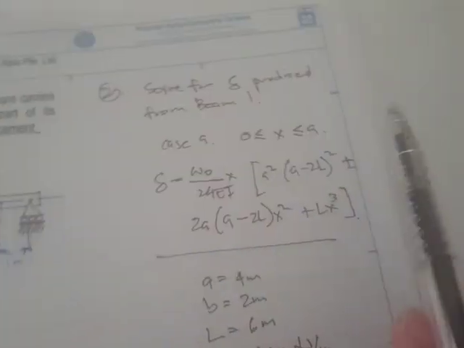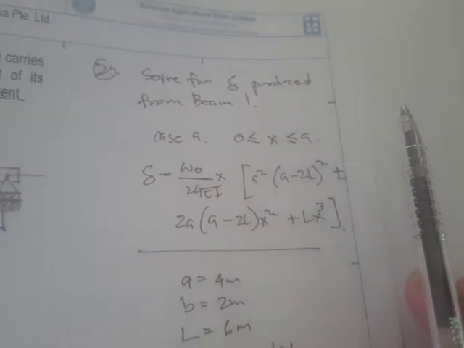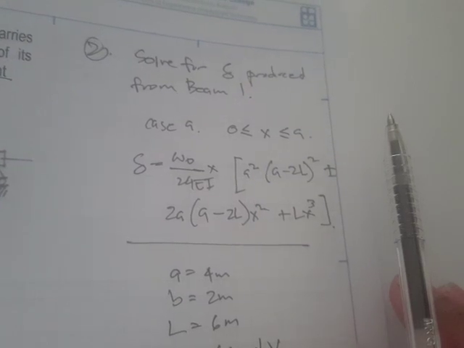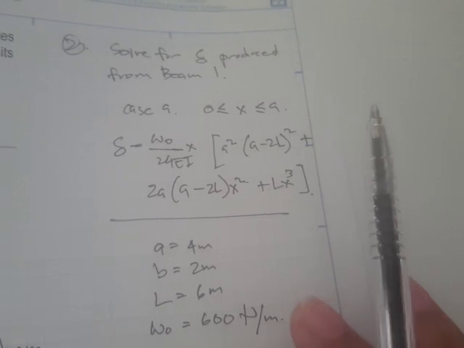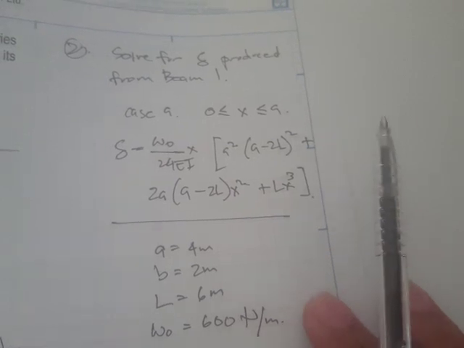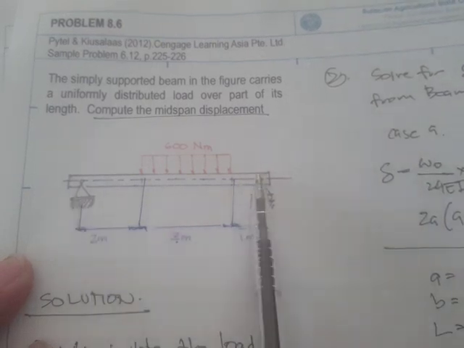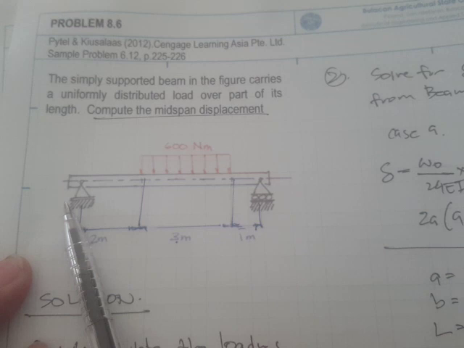Okay, so that's all. In our next video, we'll be discussing our next topic, which is statically indeterminate beams. So we'll also use the method of superposition for solving indeterminate beams. When I say indeterminate beams, the support reactions are greater than the available equilibrium equations.